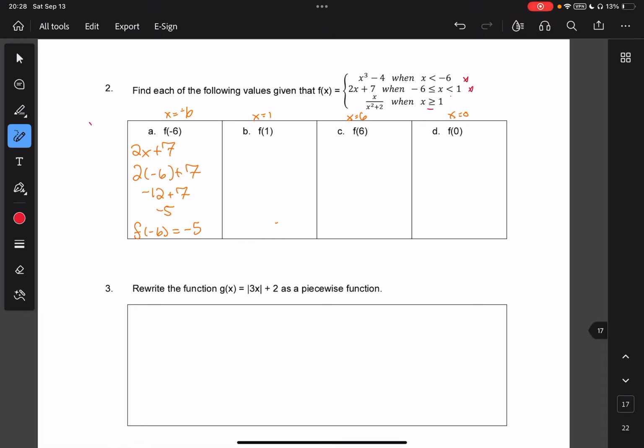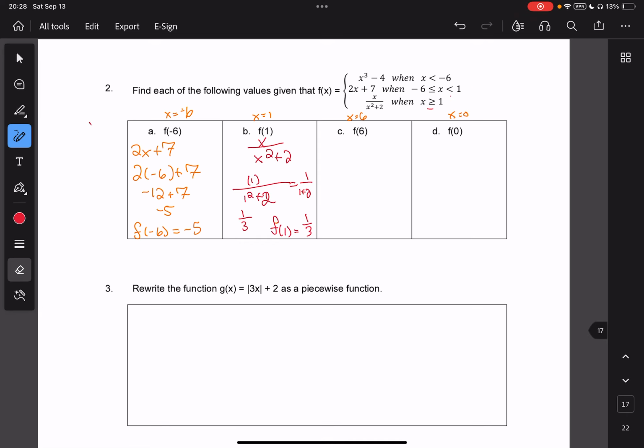X is greater than or equal to 1, so we know this works. So we're going to be using the equation x over x squared plus 2. Every time we see x, we plug in 1. So 1 over 1 squared plus 2 becomes 1 over 1 plus 2, or 1 over 3. So f of 1 is 1/3.